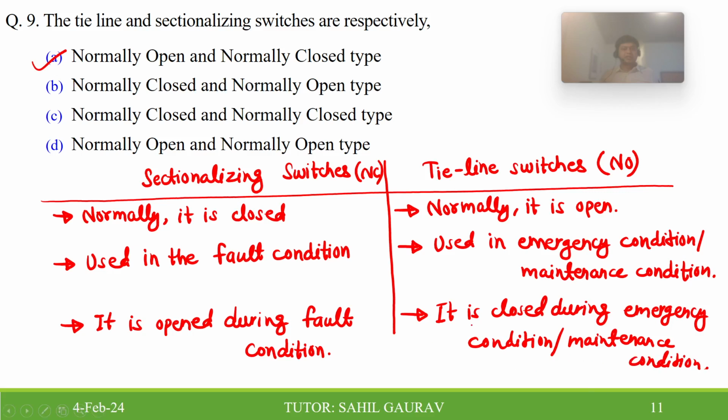So just right now remember this: a tie line switch is a normally open type switch, while sectionalizing switches are normally closed. In the next one or two problems, we will understand through a diagram.